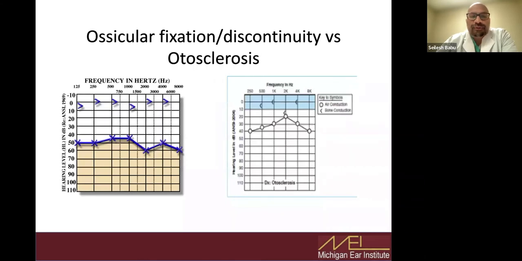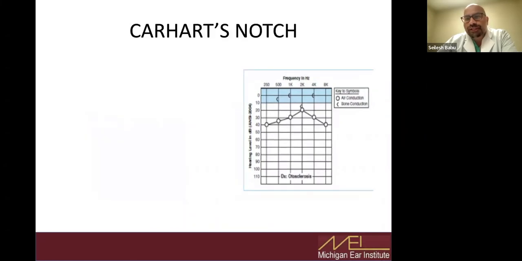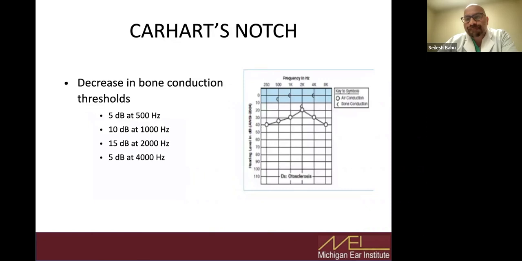The conductive hearing loss, like we mentioned before, can guide you and show you which is the more likely pattern of what you're going to find. So complete ossicular fixation or discontinuity will look like the audiogram on the left, where you see a big air-bone gap. And on the right, you see this Carhart's notch, which is a decrease at 2000 hertz. And the bone conduction seems to go down at that point.